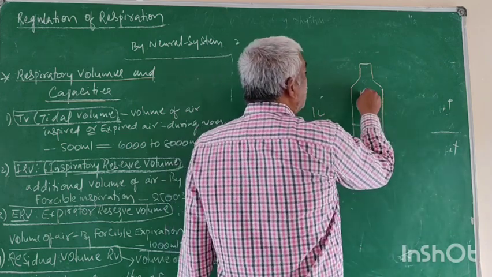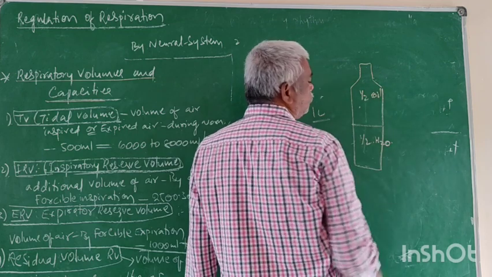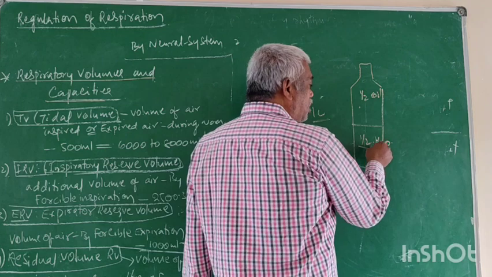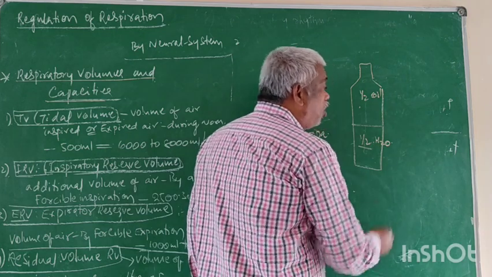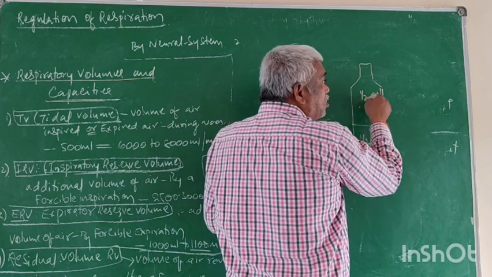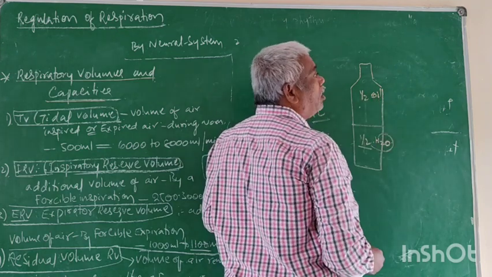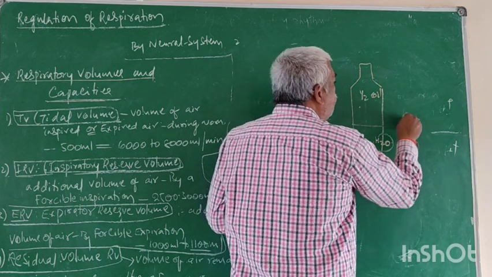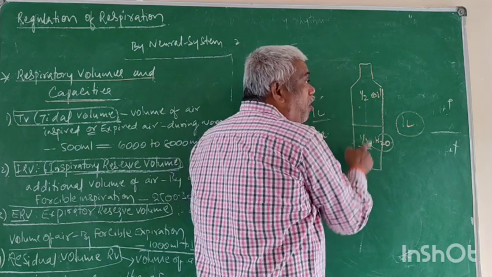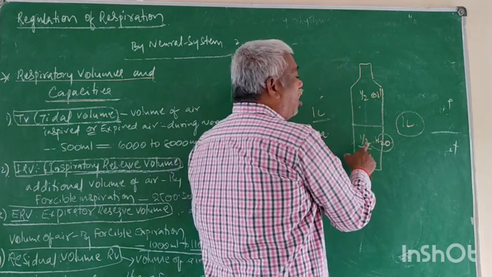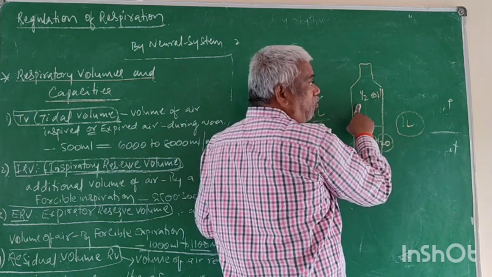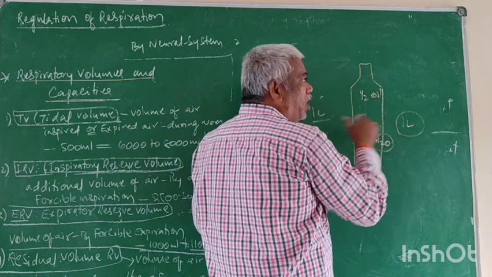The remaining half liter is oil. The total capacity is 1 liter. In this 1 liter, the water volume is half a liter and the oil volume is half a liter, but the capacity is 1 liter.